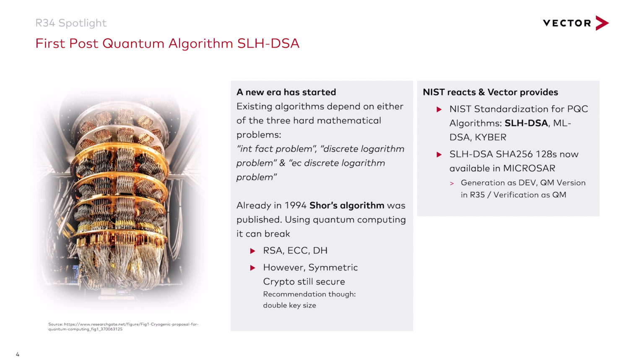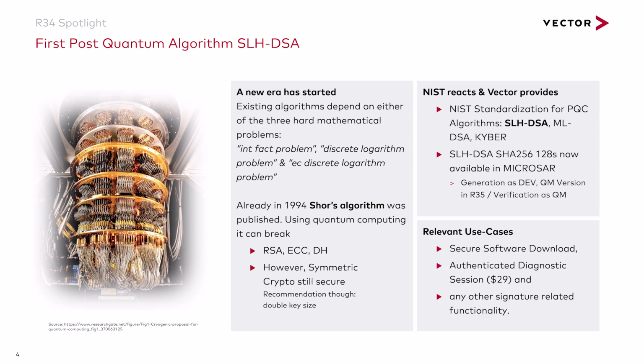Its algorithm is based on Sphincs Plus, a post-quantum cryptographic scheme specifically designed to resist attacks from quantum computers. Notably, signatures have a length of 7K, which is about an order of magnitude more compared to traditional signatures. We have already released the verification as Quality QM, and the generation will follow shortly, becoming available with R35.